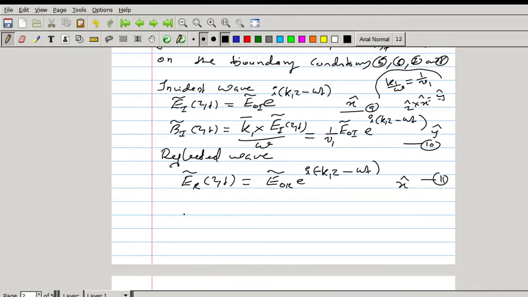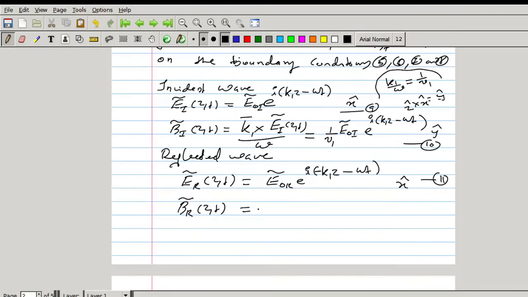This is equation number 11. BR of z,t will be K cross E. Here the wave vector is along the negative z direction, so the cross product gives the magnetic field along the negative y direction.